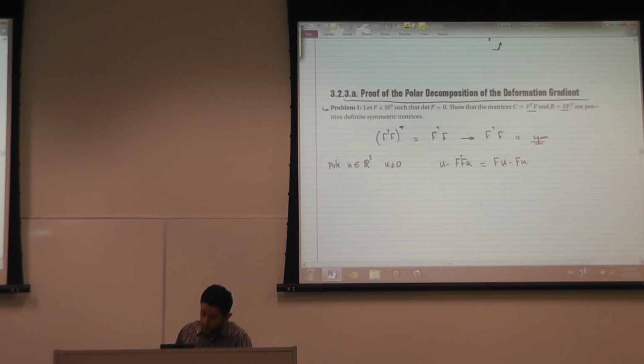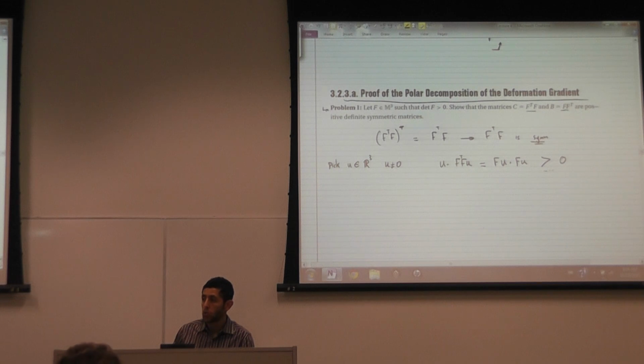Now what do I know about the matrix F multiplied by U? I know that this is always greater than or equal to 0, because the dot product of a vector by itself is greater than or equal to 0. And it's only 0 if the matrix F multiplied by the vector U is equal to 0.